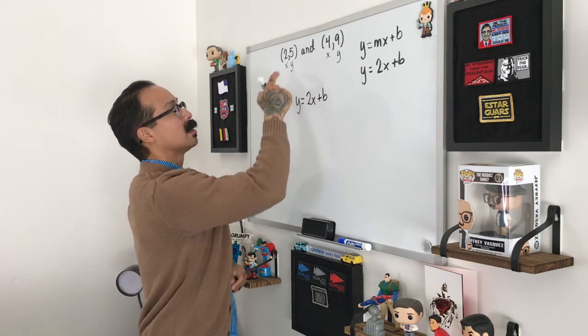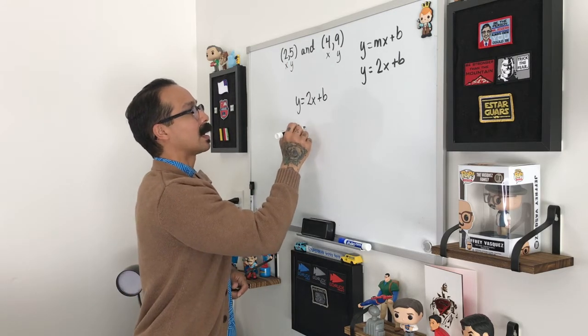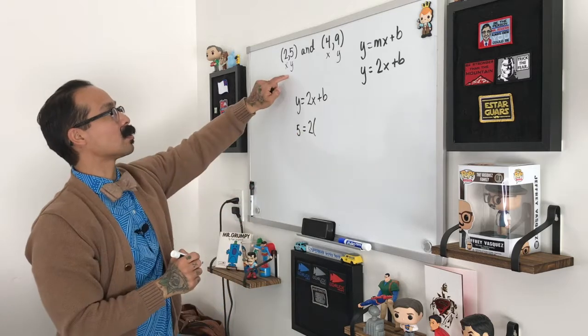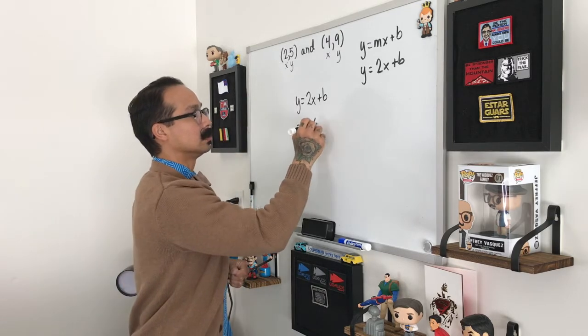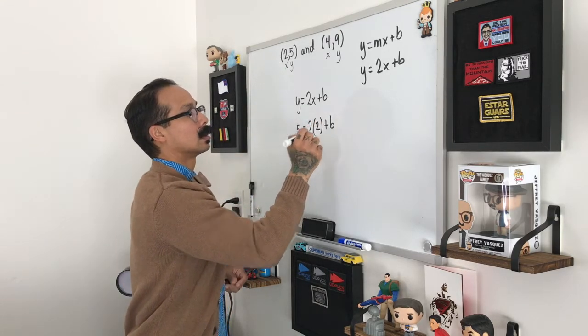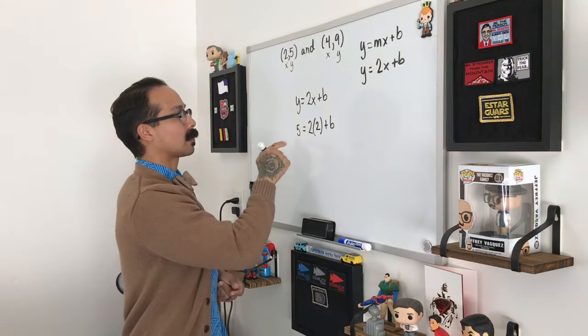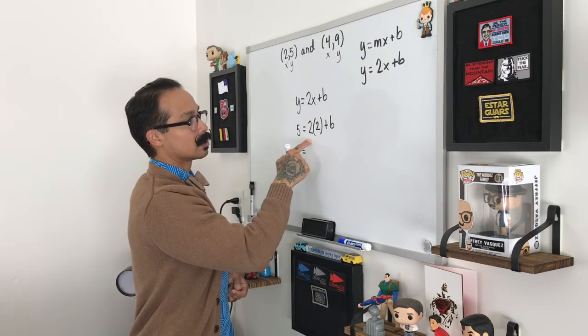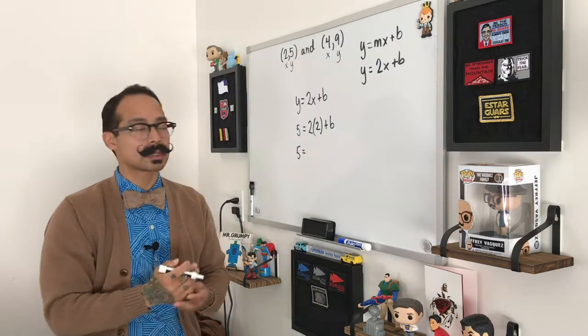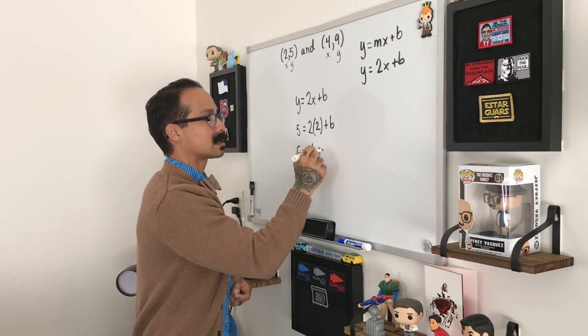How about that? If I know that y is equal to 5, and in this ordered pair, x is equal to 2, I can figure out what b is going to be. So 5 is equal to 2 times 2. What's 2 times 2? That's right, it's 4. Plus b.